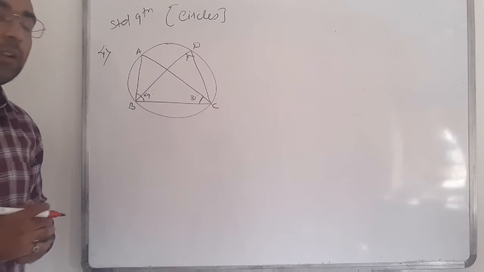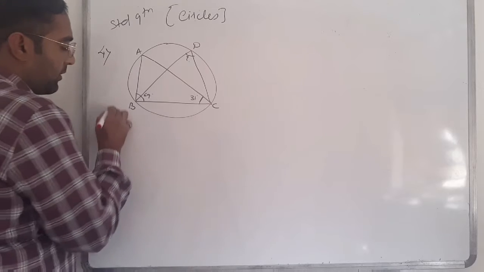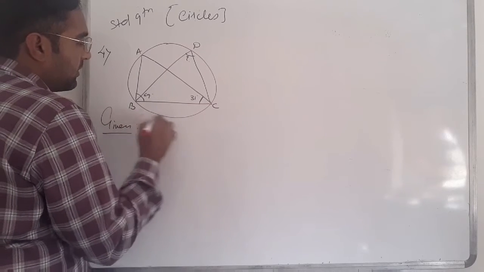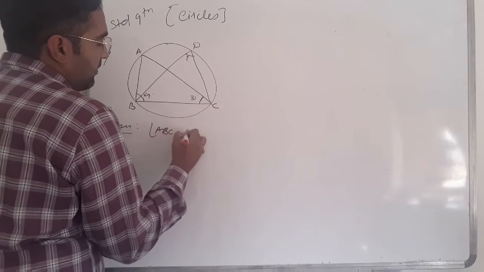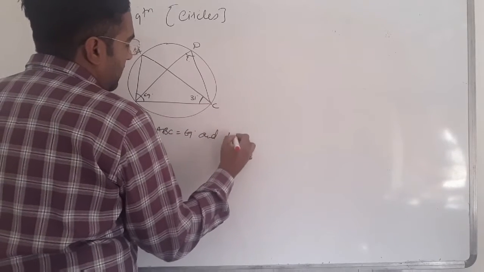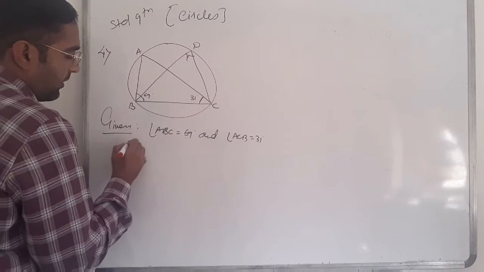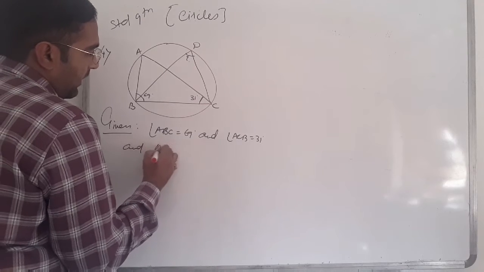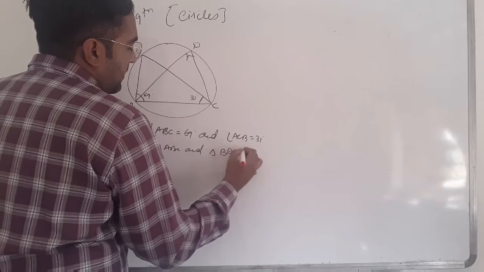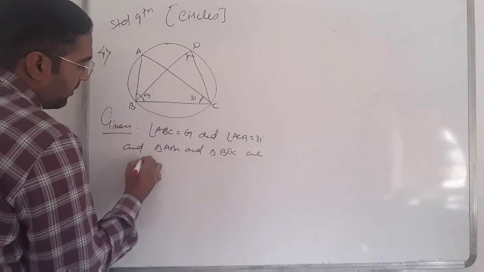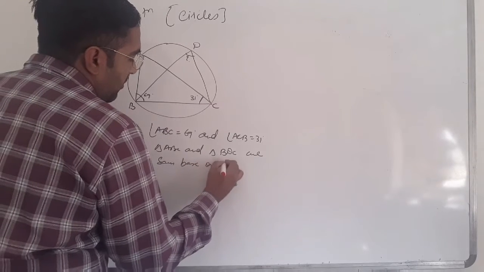Okay, so let's start with the given question. Given that angle ABC is equal to 69 degrees and angle ACB is equal to 31 degrees, and triangle ABC and triangle BDC are on the same base or chord.